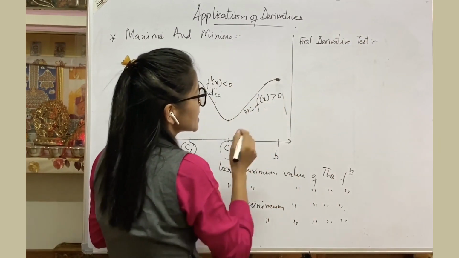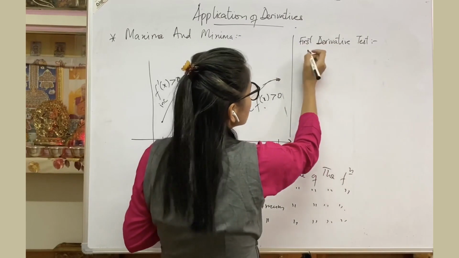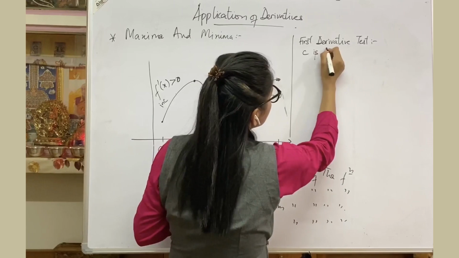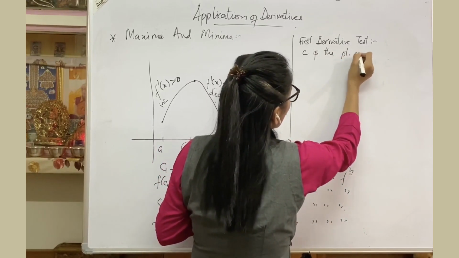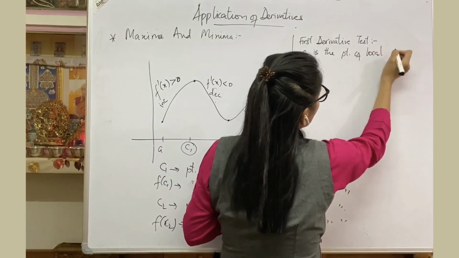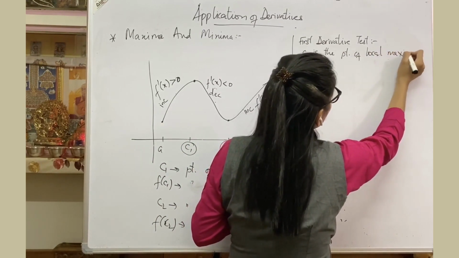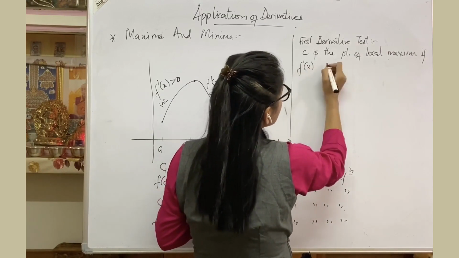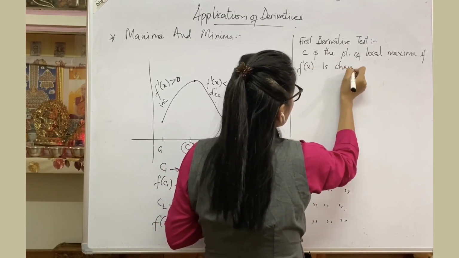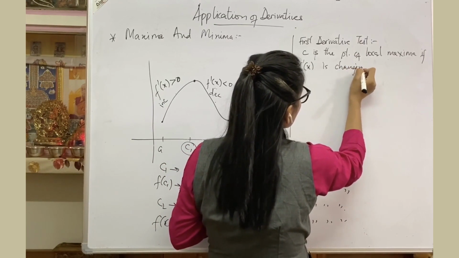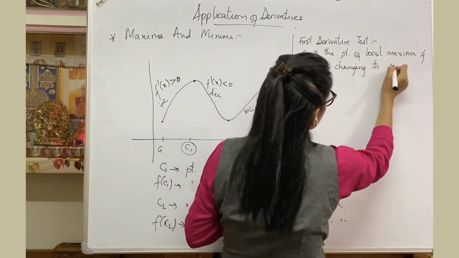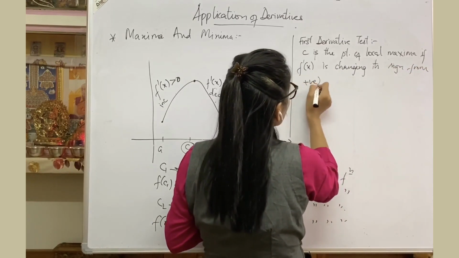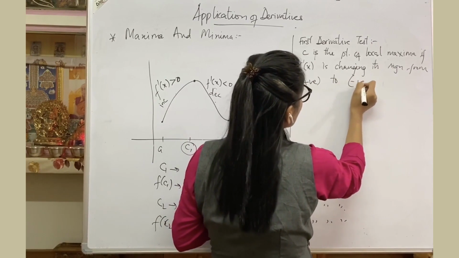Okay, first derivative test. In short, I will write: C is the point of local maxima if f dash x is changing its sign from positive to negative.